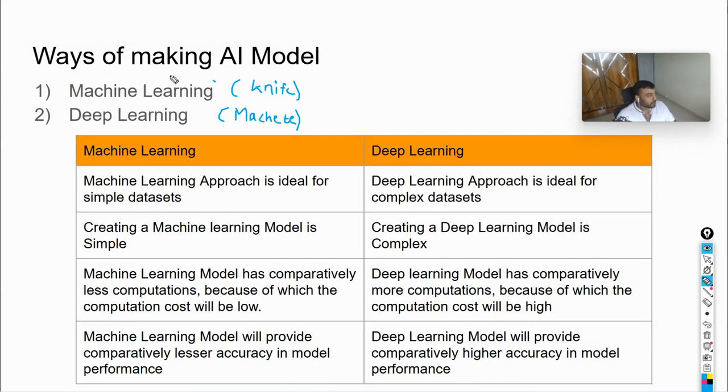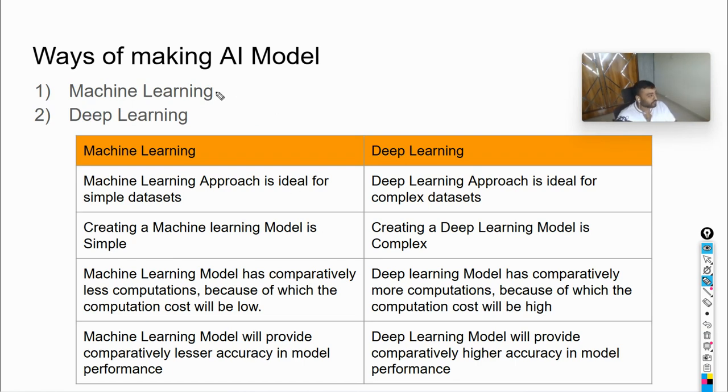Similarly, guys, machine learning approach is more simple to implement. So if at all you are creating a AI model using machine learning approach, it will be more simple to implement as compared to a deep learning approach. So let's say on the same exact data, if you are trying to create a AI model using machine learning approach, it will be much easier for you as compared to creating a AI model using deep learning approach. So that is the second difference between machine learning and deep learning.